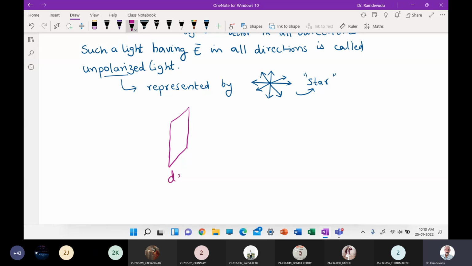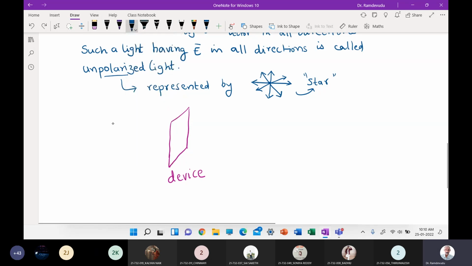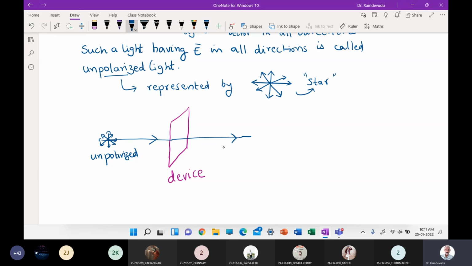This will have a different property: when a light falls on it, I'm taking an unpolarized light, which is now represented by a star like this. Unpolarized light is a regular light that we see. When unpolarized light falls and comes through the device, the transmitted light will not have all these vectors.